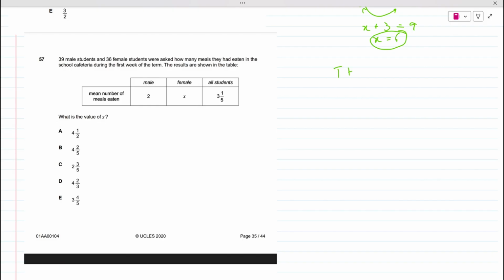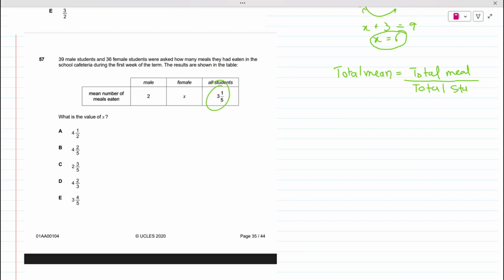So the total mean formula we have is total meal by total number of students, right? So total students also makes sense.